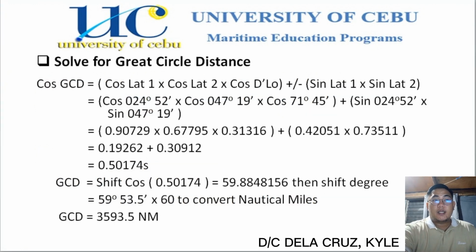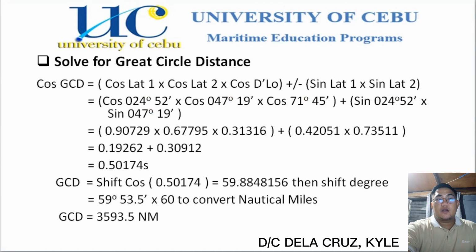I will be reporting about the Great Circle distance. In order to solve the Great Circle distance, we have our formula, which is cos GCD equals cos lat 1 times cos lat 2 times cos D-long, plus or minus sin lat 1 times sin lat 2. Firstly, we need to substitute our cos lat 1, which is cos 24 degrees and 52 minutes.